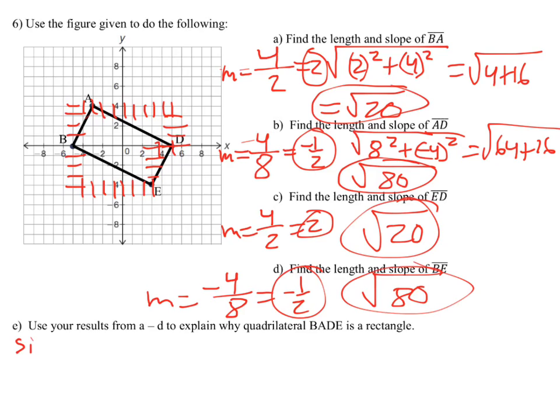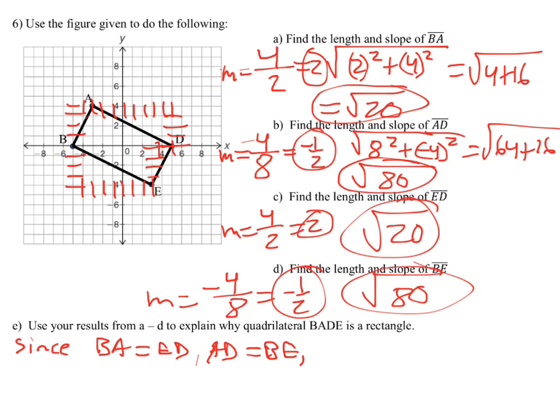So you can say that, since BA is the same as ED, as in those are the same distances, AD is the same as BE.